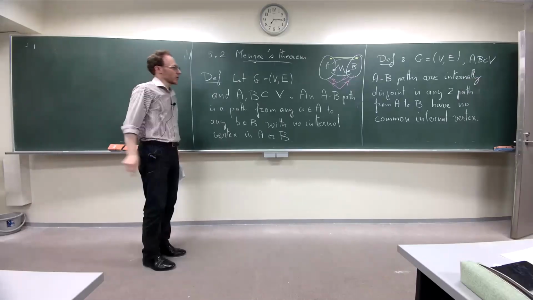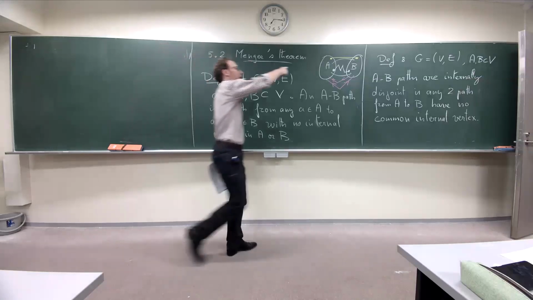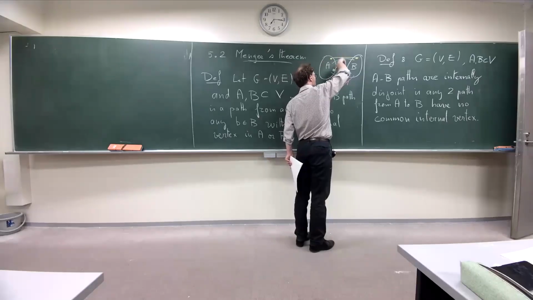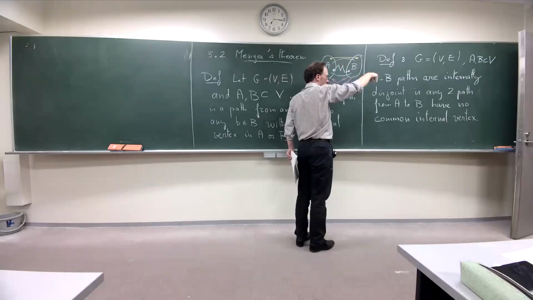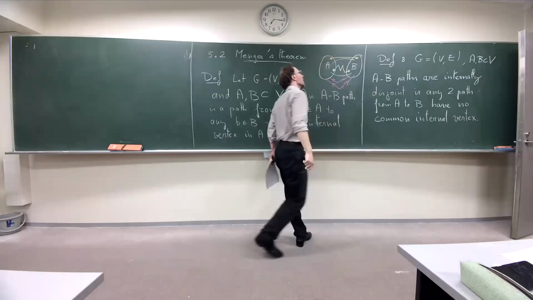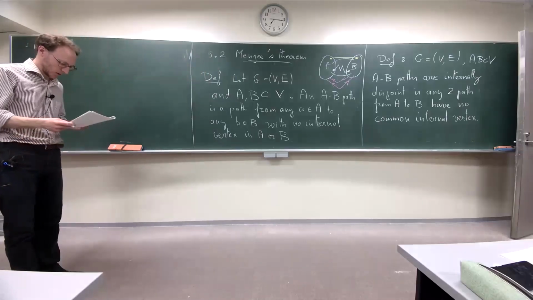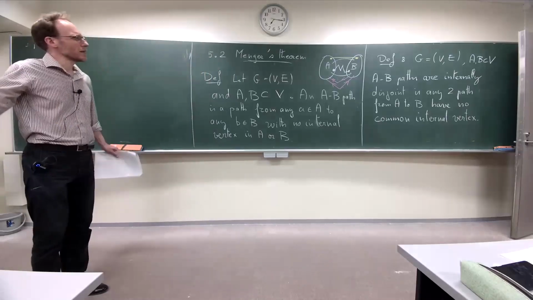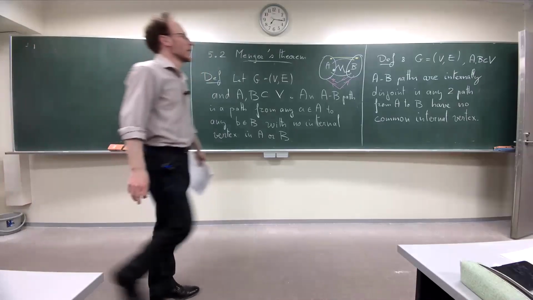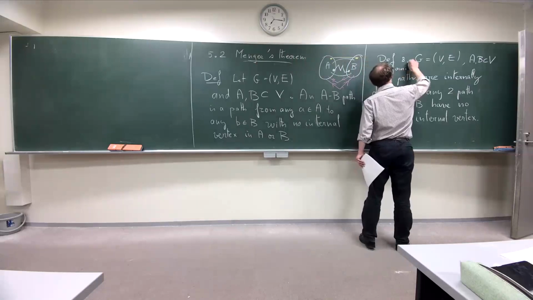So this is just a natural generalization of the case I considered before. Now you can start at any point in A, go to any point in B, and you say that these paths are internally disjoint if they have no common internal vertex. Okay. But no, wait, the definition is not correct. Okay, sorry. A family, I should have written it like this.